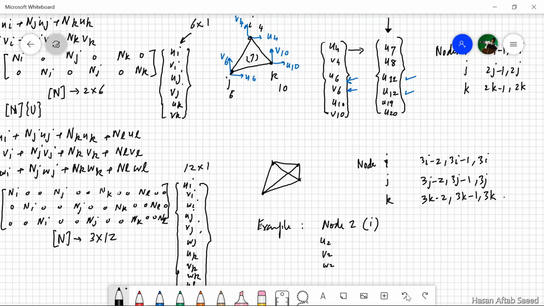Here we don't use v and w's. We read it off the first line, 3i minus 2, 6 minus 2, 4, u4, then 3i minus 1, u5, and 3i, u6.